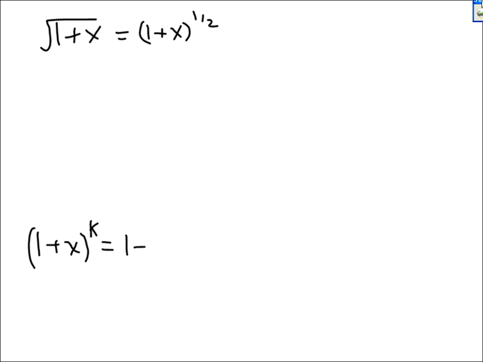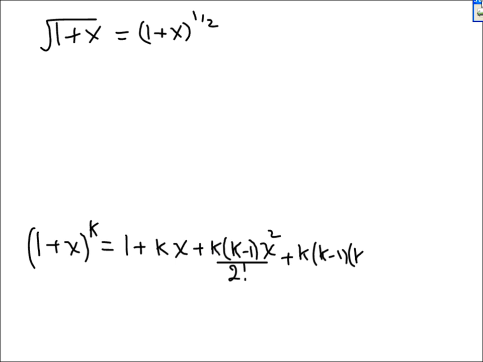is 1 plus kx plus k times k minus 1, x squared over 2 factorial, plus k times k minus 1 times k minus 2.